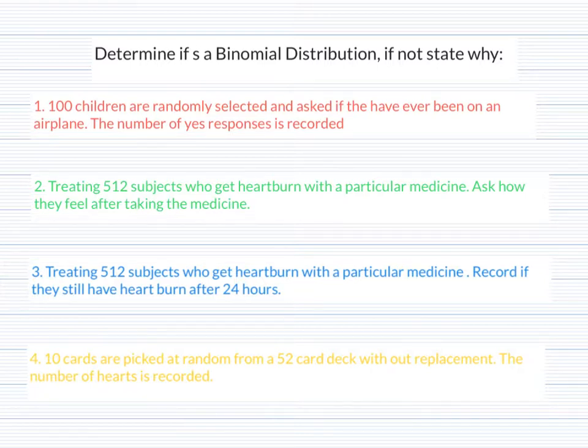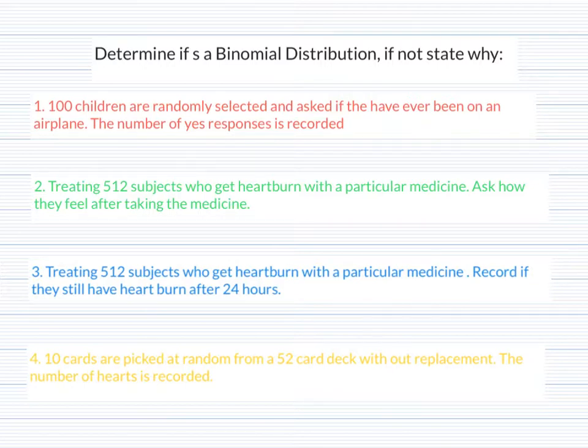So, 100 children, so we have a fixed number of trials. So the first condition for it to be a binomial distribution is satisfied. Each trial is independent. Each kid is independent from each other. Their response does not depend on what another child said.